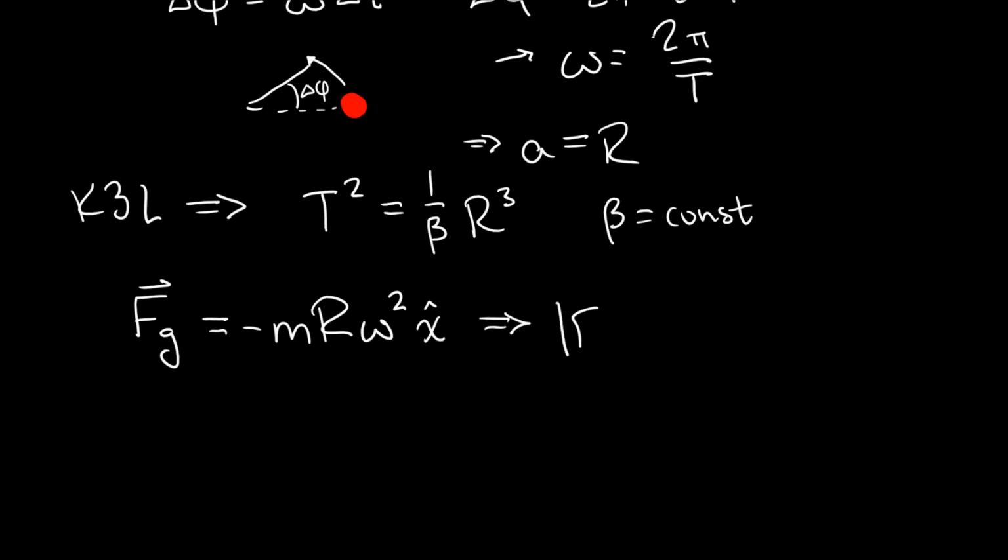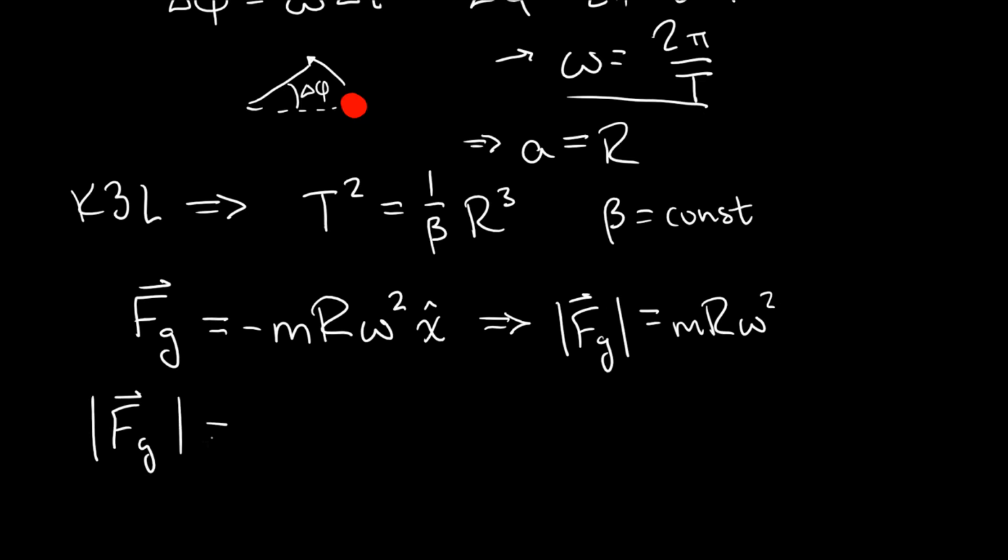So the magnitude of this force is just m r omega squared. But now I want to plug in this expression for omega. This tells me that Fg is equal to 4 pi squared m r over T squared.